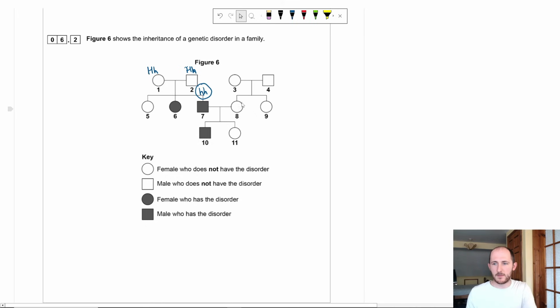Cool. What about person 8? Well, we don't know much about them, but we do know that they've had a child that has the disorder. Now, the thing about recessive traits is that you must have both parents carrying the gene, okay? So a recessive disorder has to have both parents carrying the gene. Because think about it, if this person's lowercase and this person's HH, their kids can only ever be, at best, 1 lowercase, 1 capital, which means they would not display the characteristic.